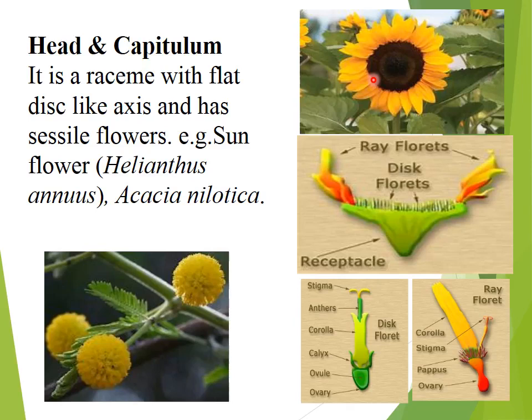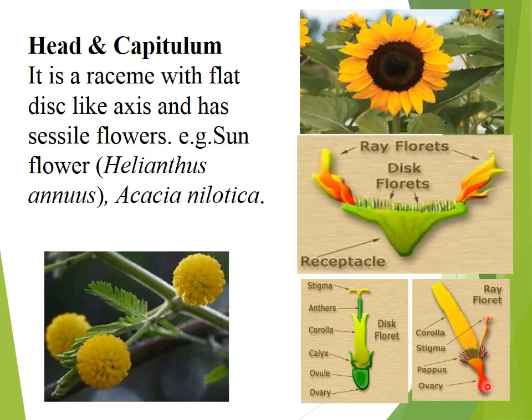This sunflower is a compound flower, but it is also incomplete because each petal, as we are observing here, is a flower. See in this picture, ray florets. This yellow petal, actually these are petals, not only one petal.